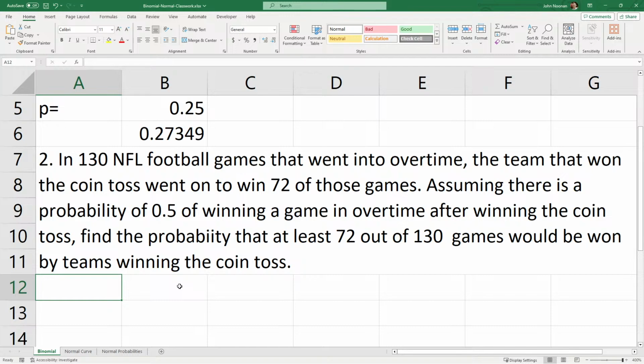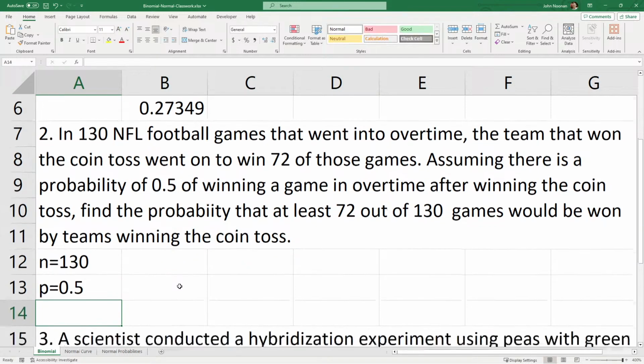So let's find out. First of all, N is 130. P here is 0.5. We're assuming there's a 50% chance of winning if you go into overtime, if you're equally matched, because the coin flip shouldn't influence who wins.